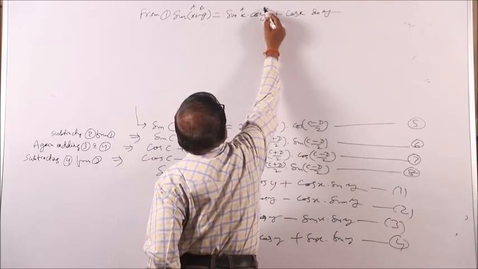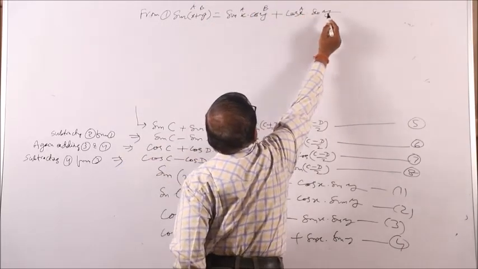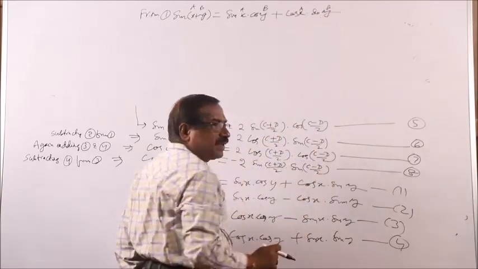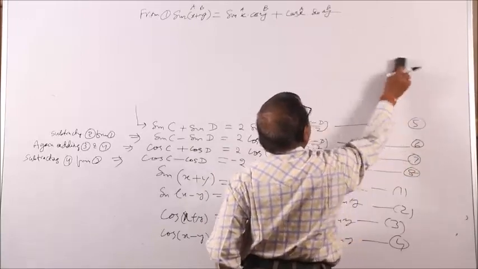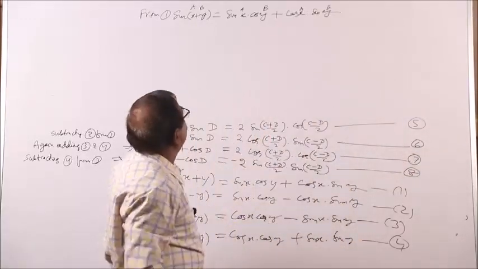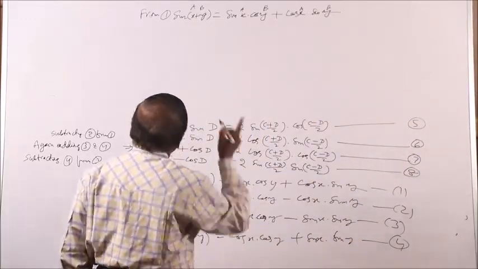In your syllabus it is x and y, so I am writing x, but you can change it to whatever you like, that does not matter in the naming of the angles.